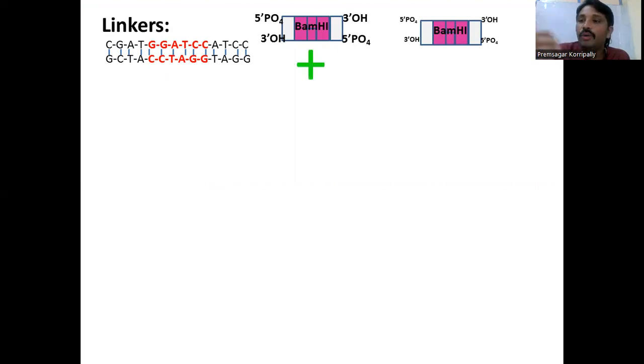So you have to select the linker with the desirable restriction site. Here we have selected this linker with the BamHI restriction site because BamHI is not present in our blunt-end or cDNA molecule. So you select the linker with the internal restriction site, that's BamHI.